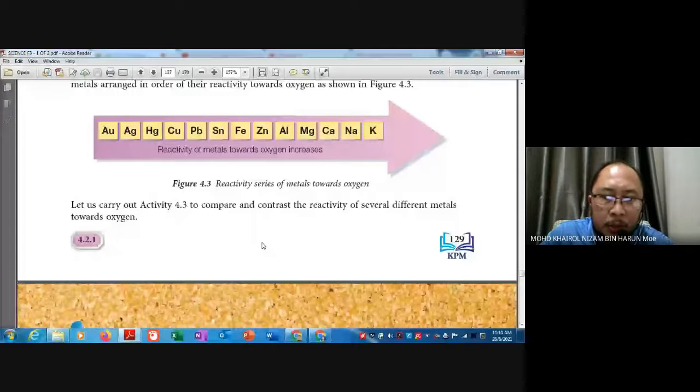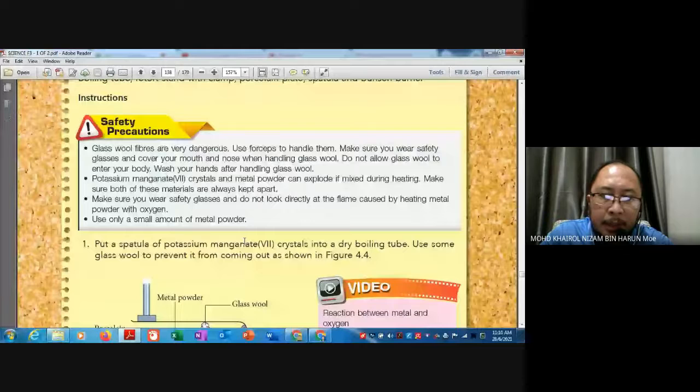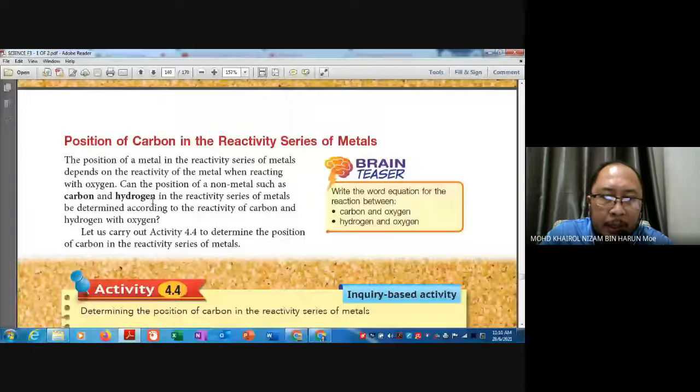The two elements here are carbon and hydrogen.